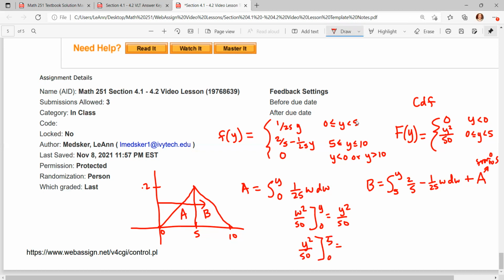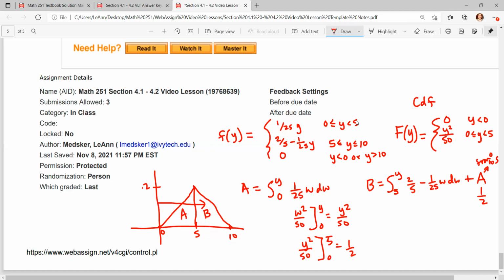We know that that's 25 over 50 minus 0 and ends up being a half. So we're going to be adding a half because we were saying at that point, anything accumulated into this B region had 50% of the area of the entire graph already covered, plus whatever additional we have.